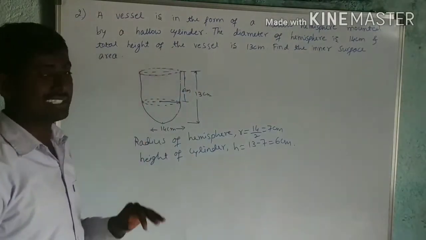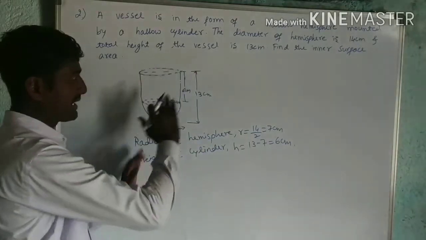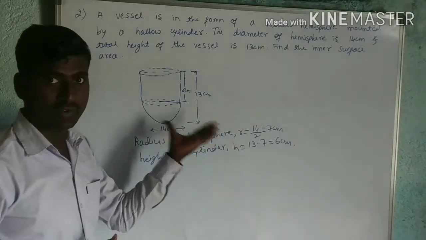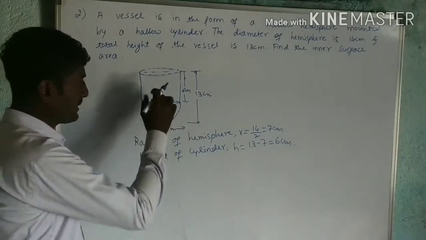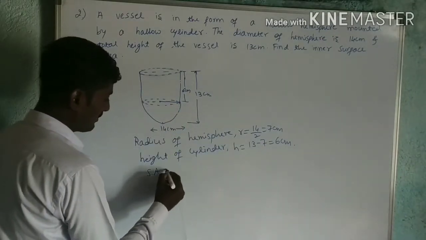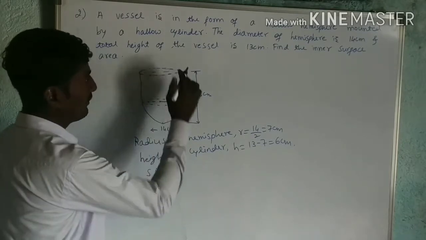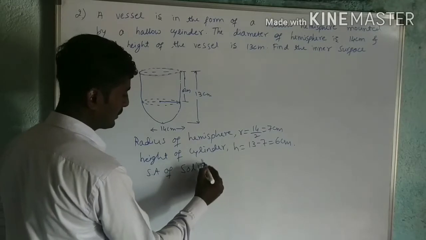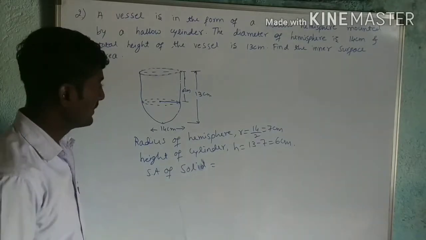Okay. Now we are going to find the inner surface area. We have to find the surface area of this solid formed. Surface area of solid is equal to, now what can I write?